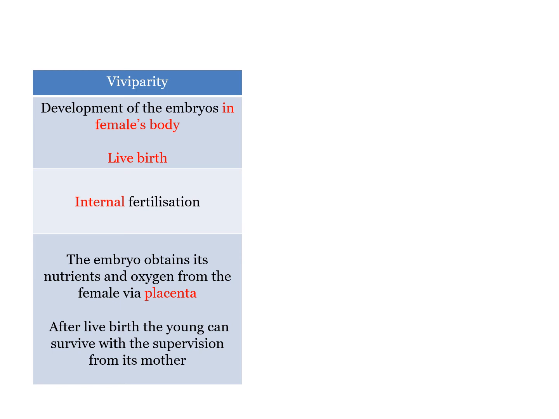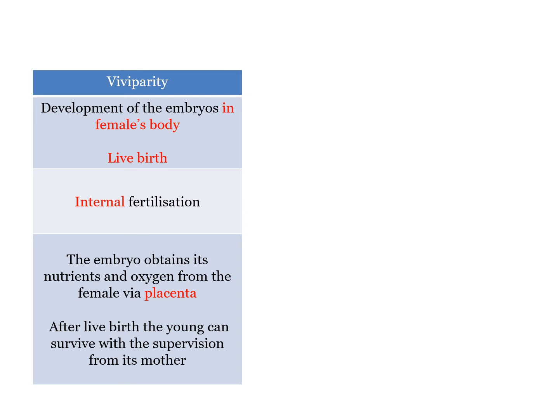Second type of embryonic development is Viviparity. This one involves live birth. Embryo's development is inside of the female's body, and thus Viviparity is only for animals with internal fertilization.